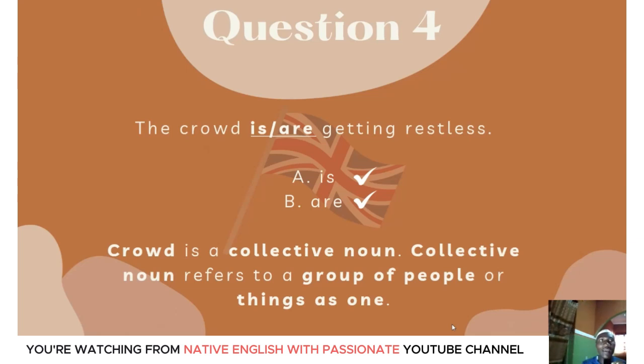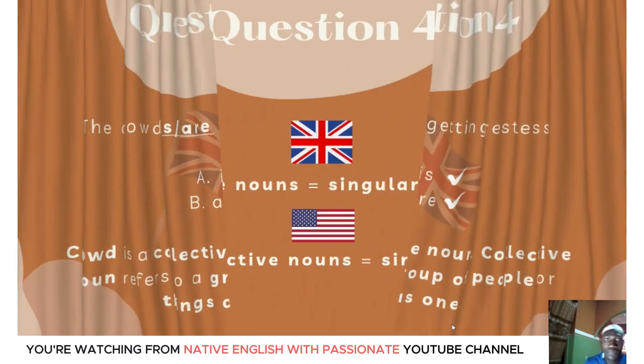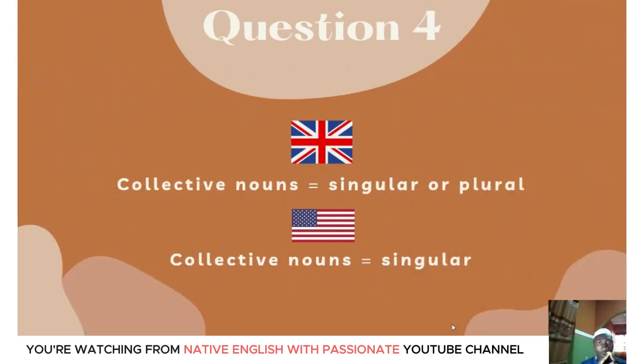If you are a lover of British English, then you say "are" is more correct, because British people will usually use the plural for collective nouns. In British English, you can choose to use either the singular or the plural.